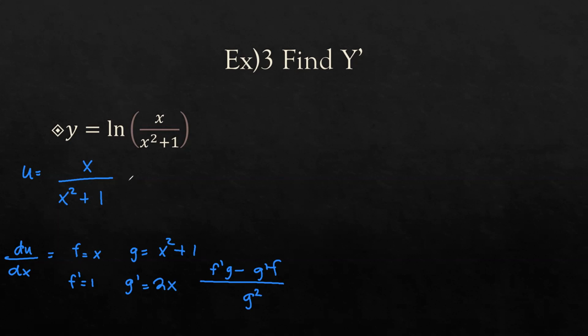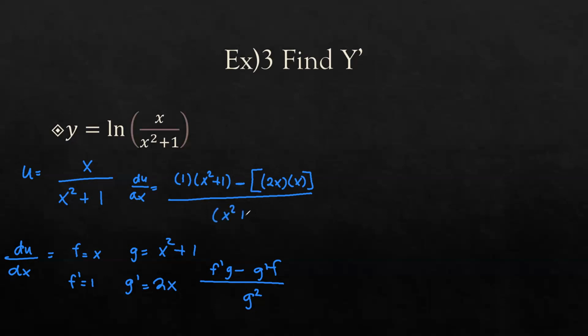So du dx is f prime, which is 1, times g, which is x squared plus 1, minus bracket g prime, which is 2x, times f, which is x, all over g squared, which is x squared plus 1 squared.